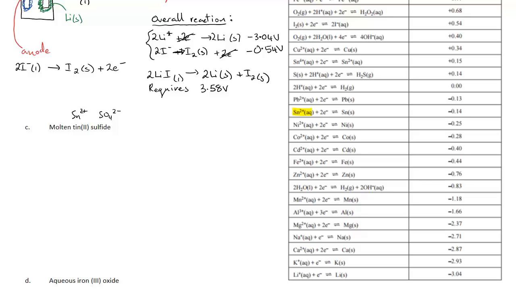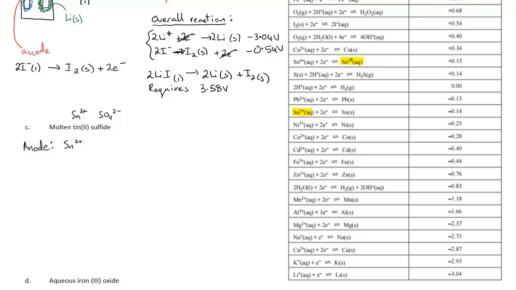Now, there are 2 equations for tin. There's this one here, and there's also this one up here. So this is a bit of a trick question. If we do have the anode, at the anode, the reaction, sorry, at the anode is going to be losing electrons.